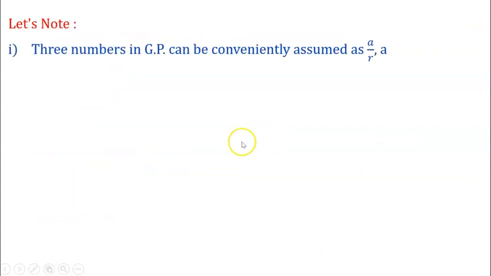Now next, note that three numbers in a GP can be conveniently assumed as A upon R, A, AR. When there are three numbers in GP, then we can assume what type of numbers they will be. That is, first number will be A upon R, second number is A, and third number is AR.